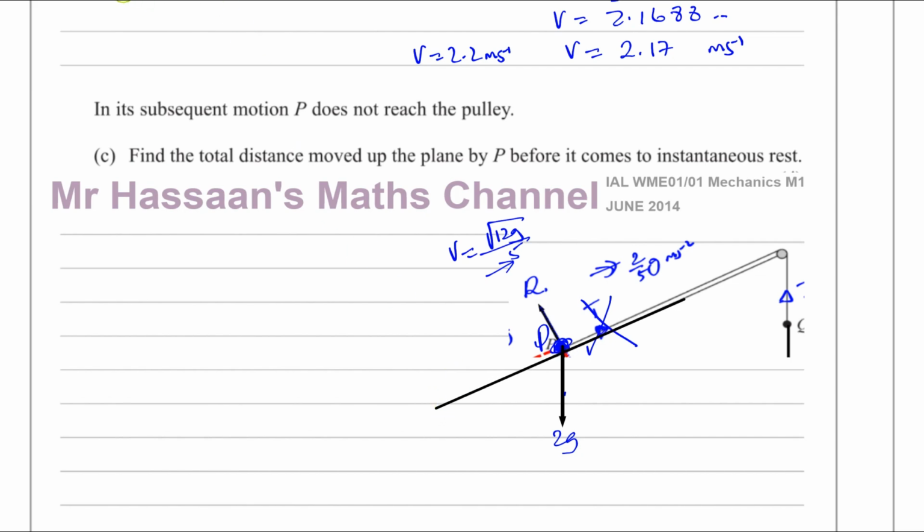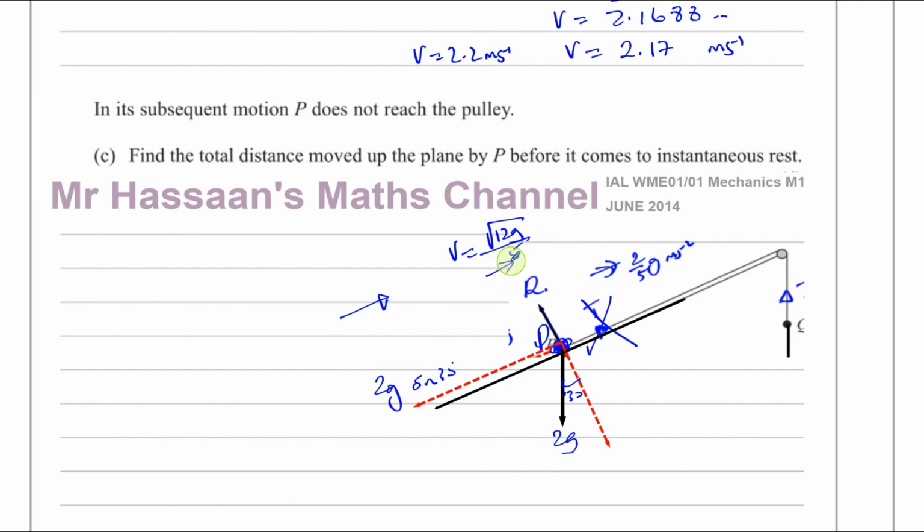So if we resolve that force down the plane, then we're going to get 2G sine 30. This is 30 degrees, and this will be 2G sine 30. So it's moving up the plane.